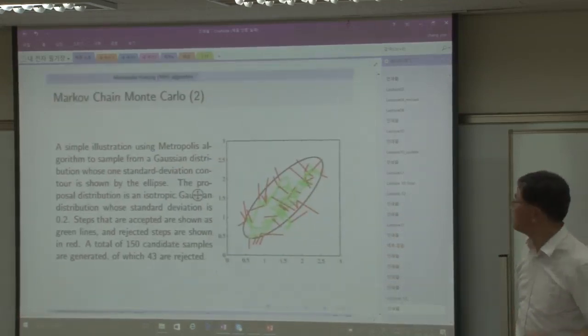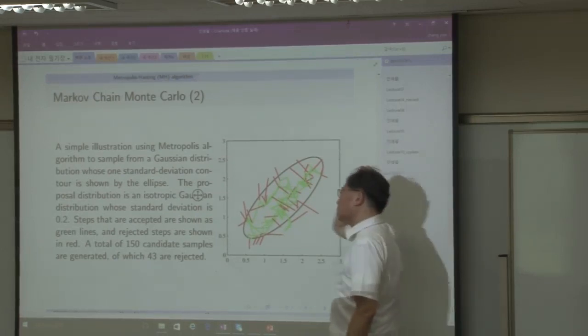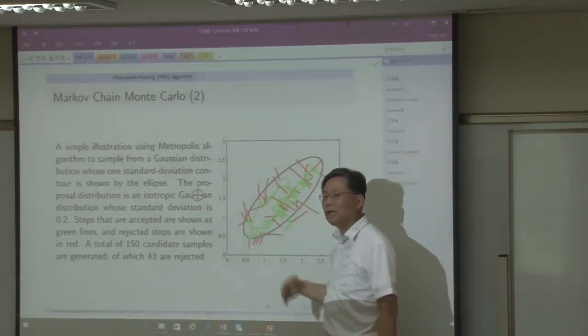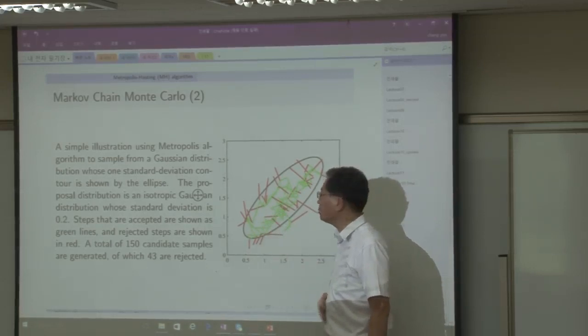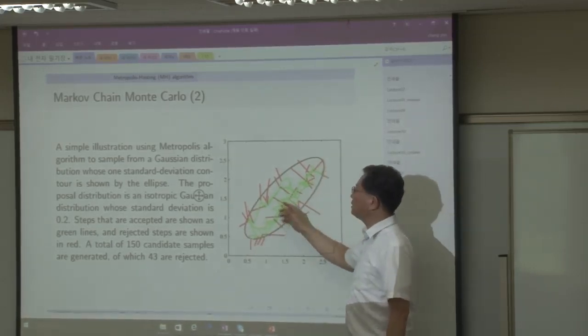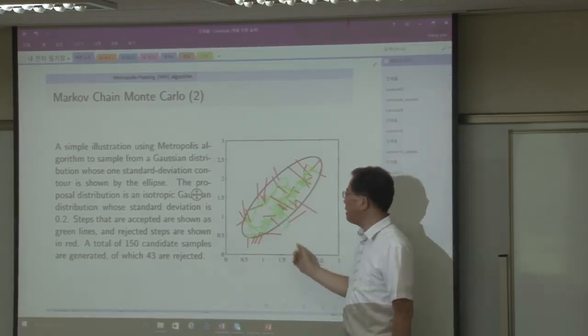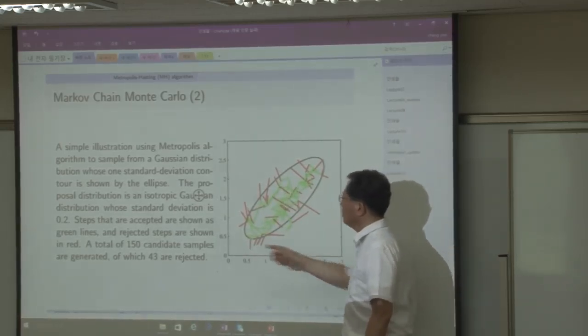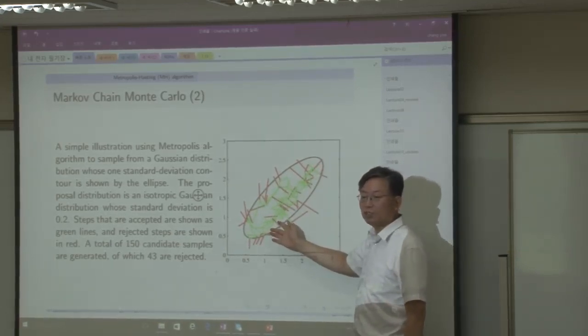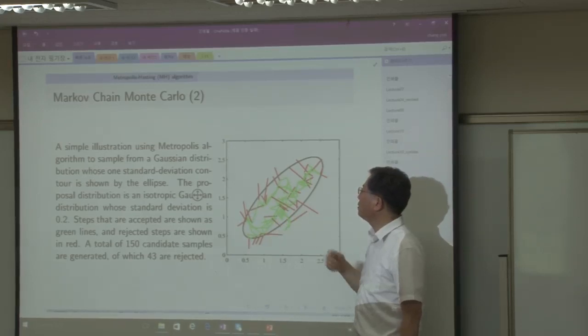And if you look at this, here is an example that was given in the book. This represents a two-dimensional Gaussian, and this is where I want to sample from.